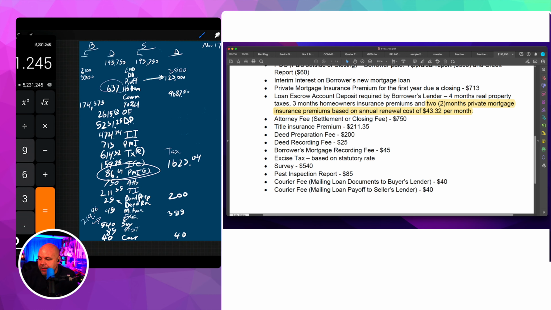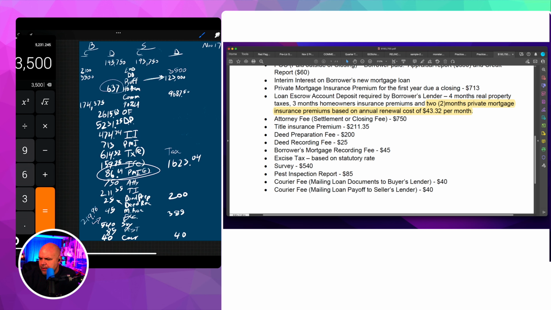Now, let's do the seller's side, for instance. The only credit I have for the seller, there's no tax credit for the seller because it's not a proration. They weren't paid, therefore we need to debit them. So there's no other credit besides the price.